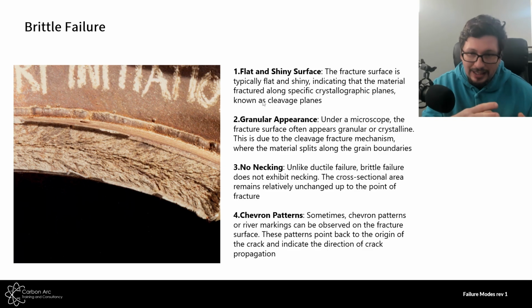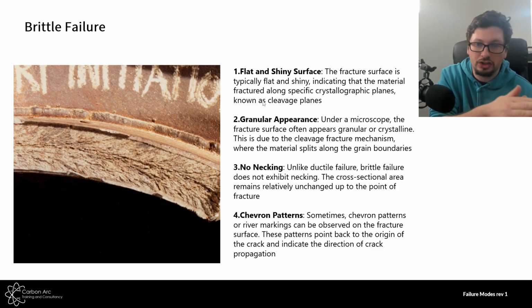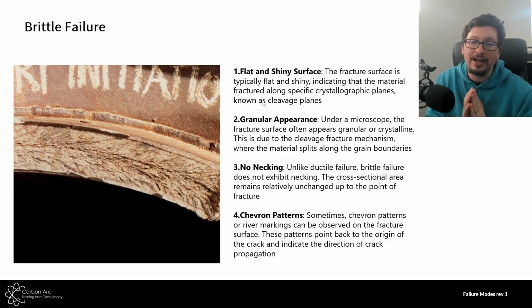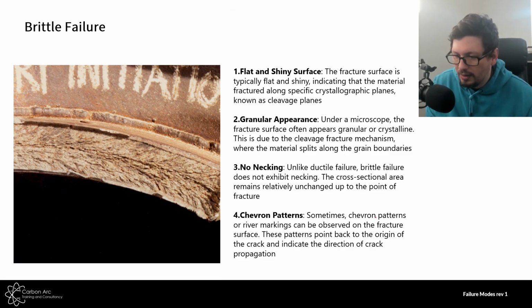In some cases, and it's very helpful for us, we have what we call chevron markings or chevron patterns. These chevrons show the progression of the crack, the direction it came from and is heading to. If we look back, and I'll grab my pen here, we've got the chevron marks moving through this material in this direction.